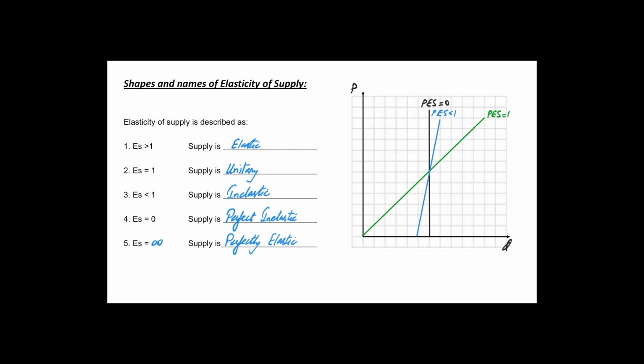If we are making for elastic, it should be nice and flat. That's elastic. And finally, if we're making for perfectly elastic, that's going to be a completely horizontal line.